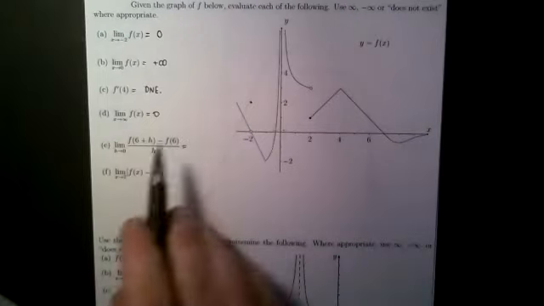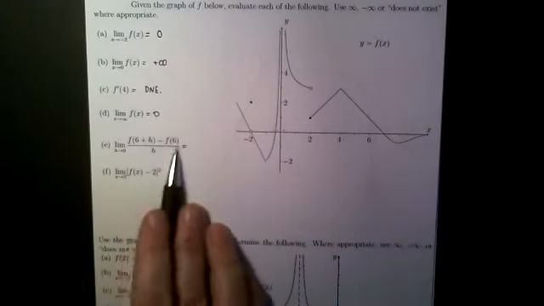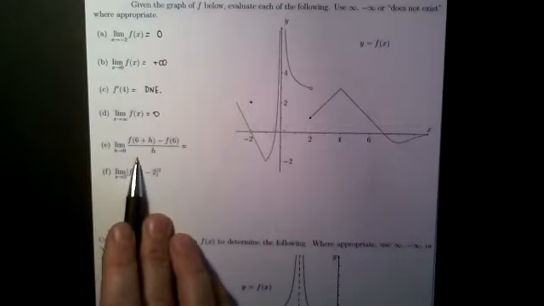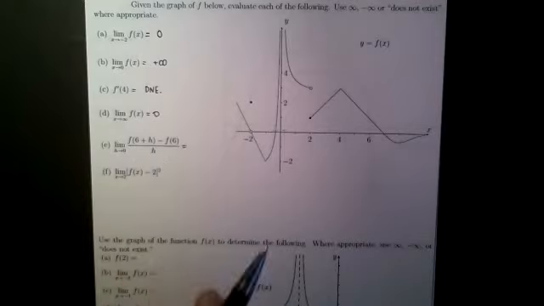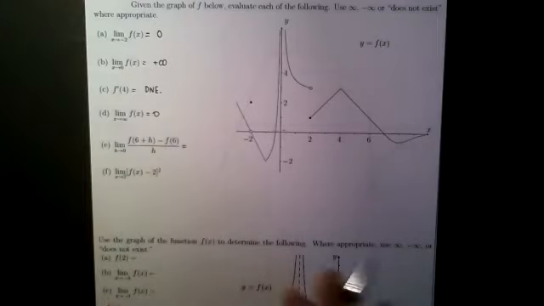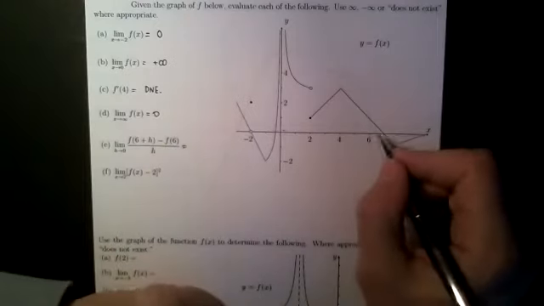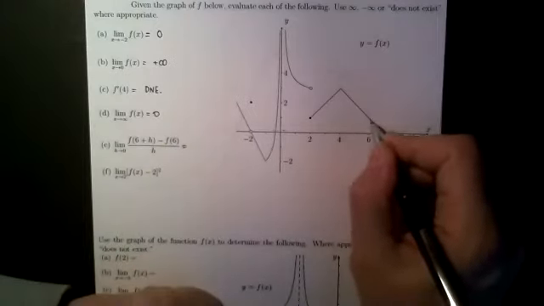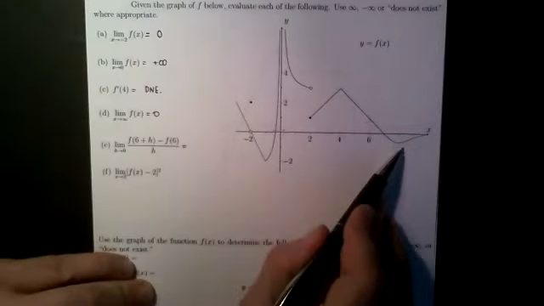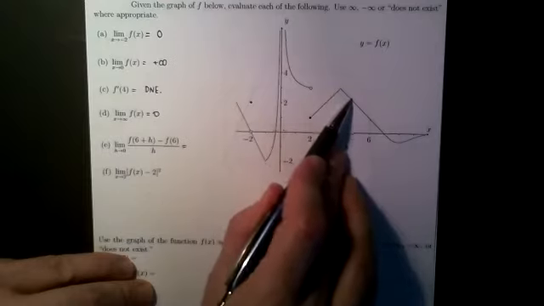Okay. So do you recognize this or no? What is this? It's the limit definition of a derivative. Very good. Limit definition of the derivative. So basically at x equals 6, it is the slope of the tangent here, which seems to be a straight line. So in other words, it's just the slope of this line.